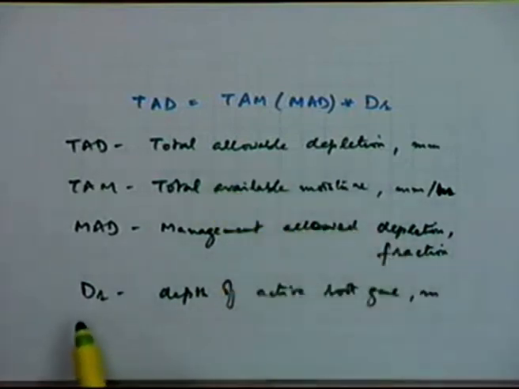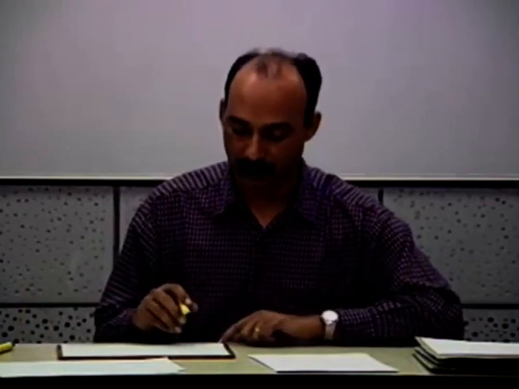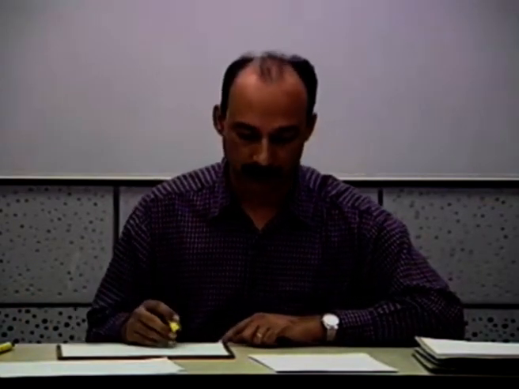We have seen all these things, and depth of root zone we also know. So, knowing these individual quantities, you can find out what is the total allowable depletion, how much deficit can be created in a particular soil with respect to the crop which you have.